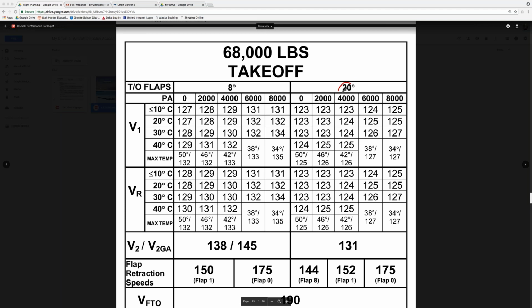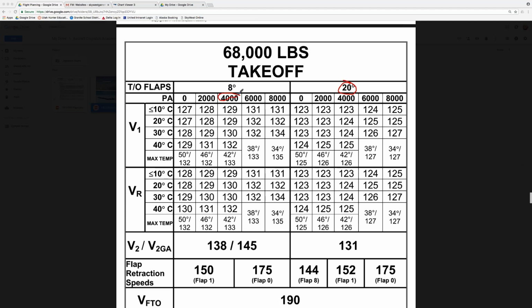With flaps 20 at 4,000 feet and 20 degrees C, whereas this one's 129, this one's 124. So it's going to give them a quicker takeoff, but they won't be able to get up to speed as quickly because of the increased drag.